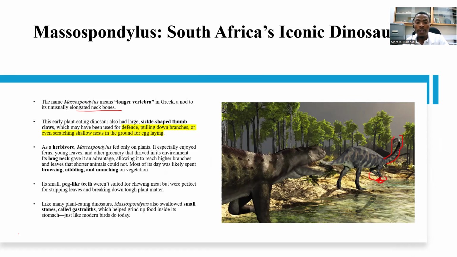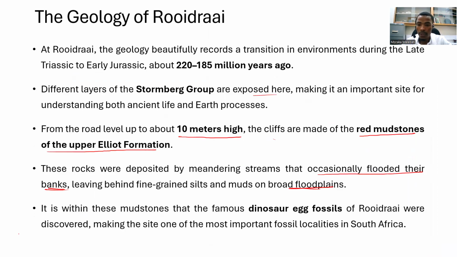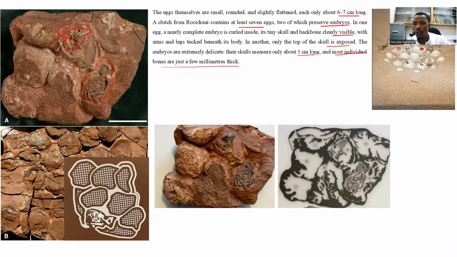They could also have been used for defense, pulling down the branches, together with the long neck, or even scratching shallow nests in the ground for egg laying, like chickens do.